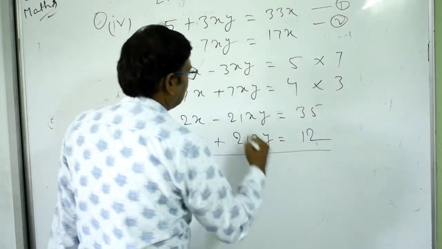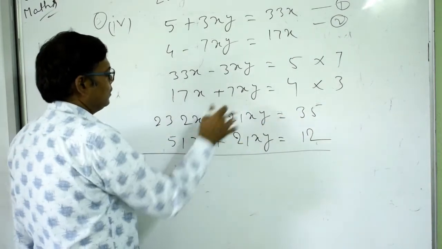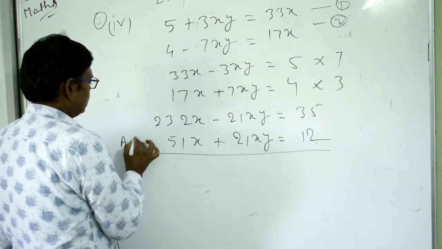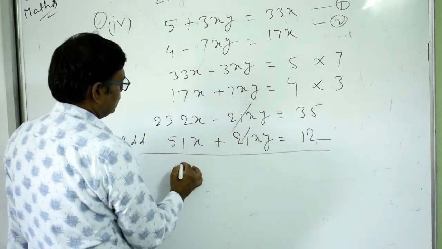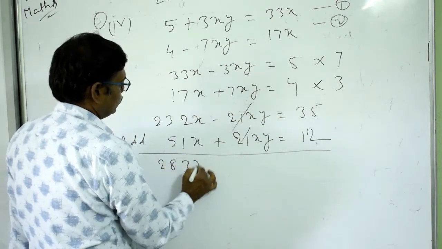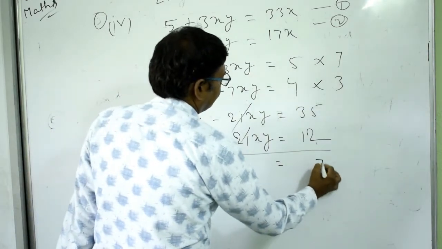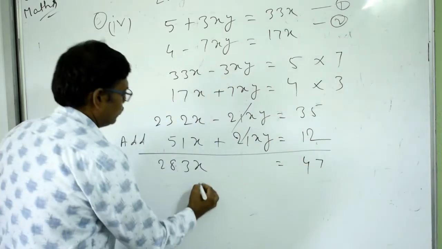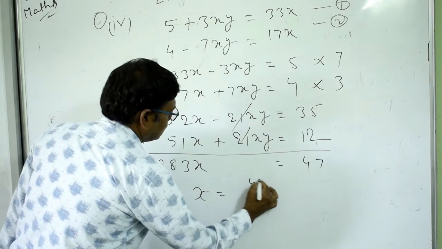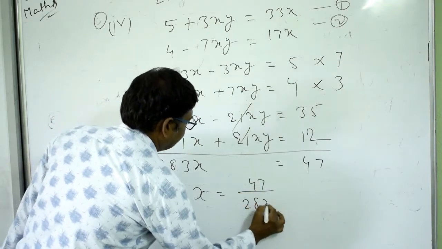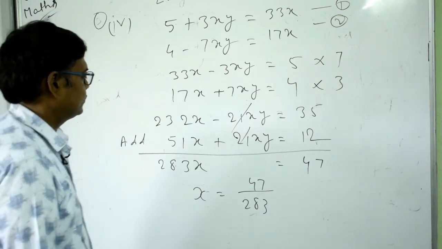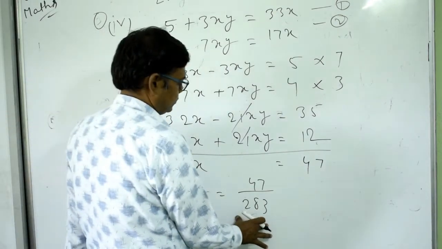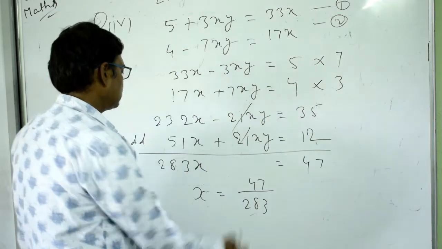Now here again you will add, because by adding these two the xy terms will cancel out. So you have x equal to 47 by 283. So this is the answer of x.